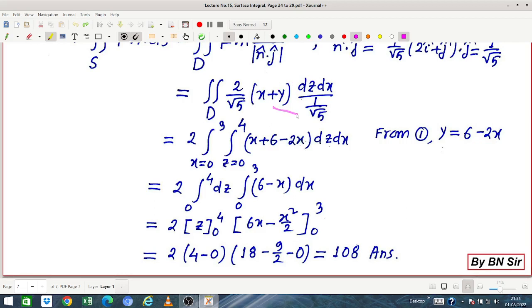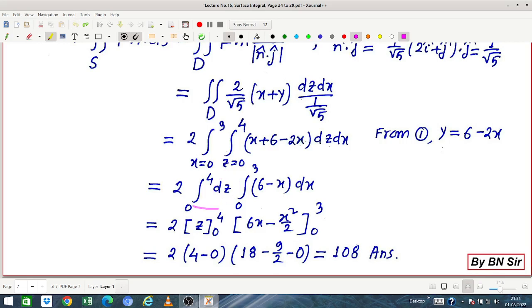Here, since we projected on the zx plane, y is eliminated from the equation of the surface, and then we integrate with respect to z first, z from 0 to 4, and then x from 0 to 3. Here there is no mixture, it is a function of x only. We have to integrate 6 - x with respect to x, and there is no z here, so only dz from 0 to 4 is integrated separately.